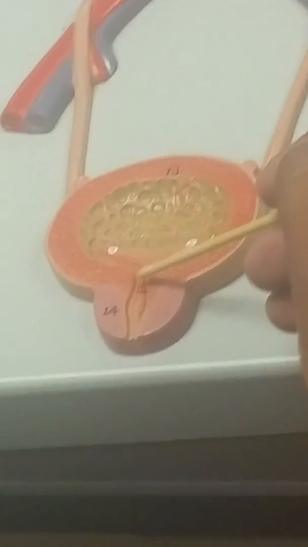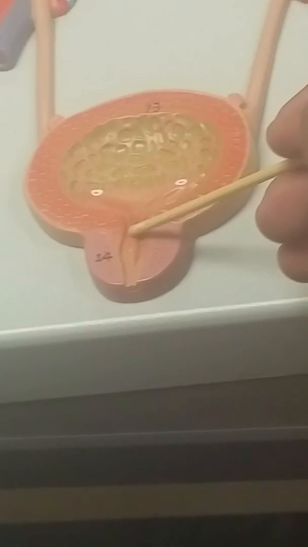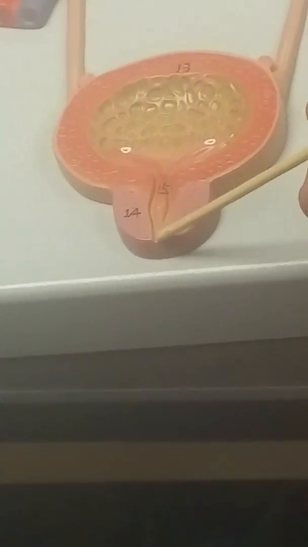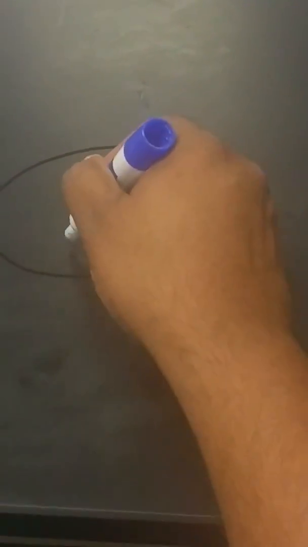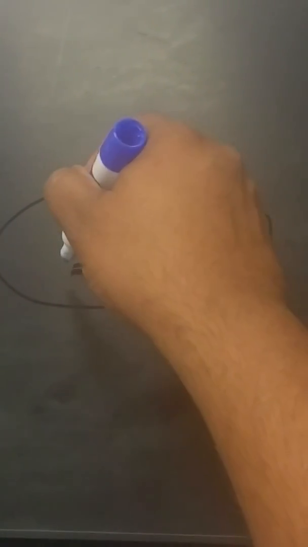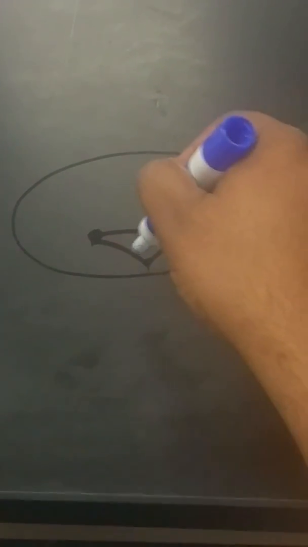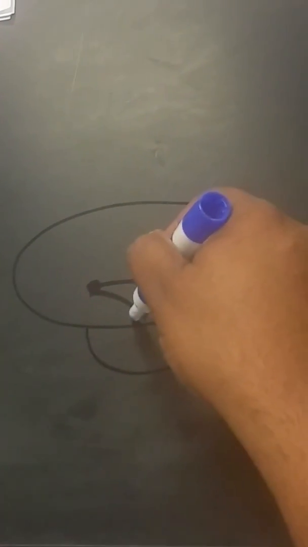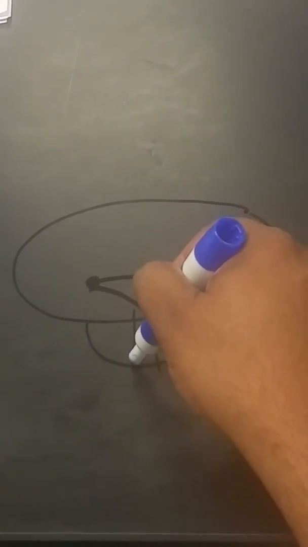The next one we have is the urethra. This is the bladder. This is what the bladder looks like. Of course, we have this nice triangle, the ureteral openings and so forth. Then extending outward, we have this nice little prostate.